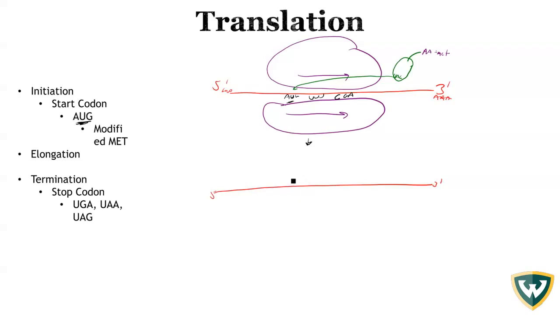If we continue to draw this in, so let's pretend that the ribosome is still there. So on your AUG, you actually have the UAC tRNA attached to a methionine.